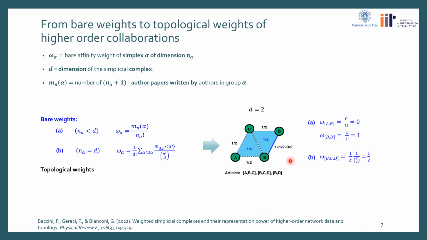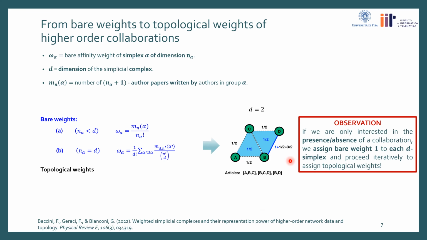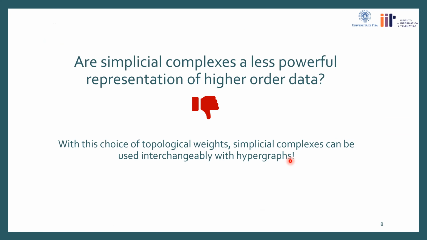Of course, if you're only interested in the presence or absence of a collaboration, it's enough to assign bare weight 1 to each d-simplex that you include, and then proceed iteratively to assign the topological weights. So in the end, our simplicial complex is not a less powerful representation of higher order data.